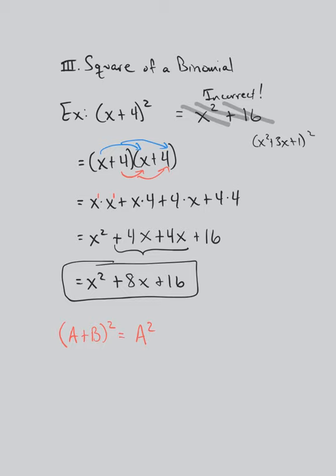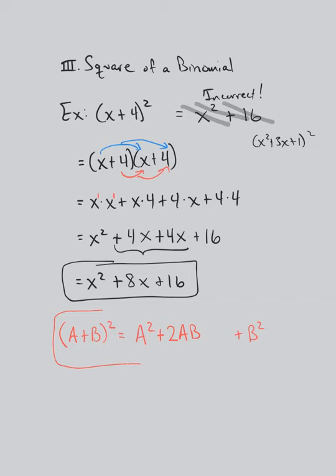So we have a squared and plus b squared, like that. Now the key thing is, how do we describe this term here? Like I said a minute ago, we need to multiply these two things together, but if we go through the whole process, we're going to get two of them, all right? And so what ends up happening is you add 2 times the product of a and b.